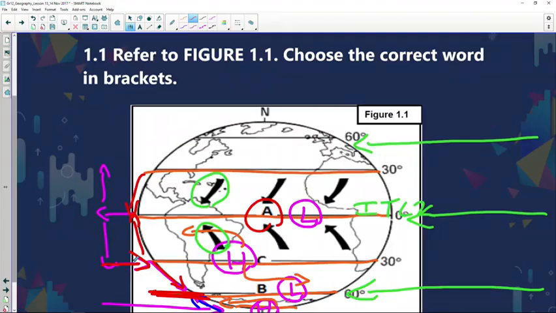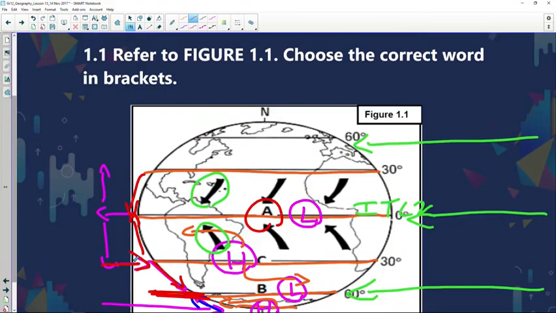Subsidence, sinking air. So unfortunately we can't have any cloud formation when there's strong subsidence. The equatorial region is tropical, a lot of moisture, and nimbus means rain clouds. And as you can see, your highest rainfall areas are usually along your equatorial regions.